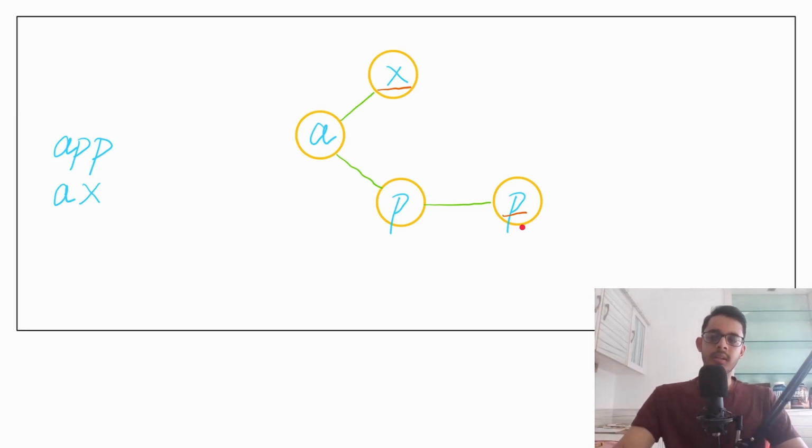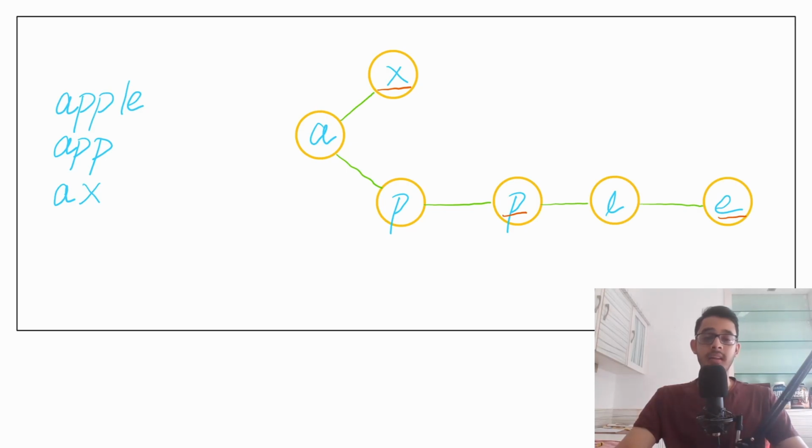This is fine. Let's try to add another word, apple. You'll realize that APP and apple share this big prefix with them. So we don't actually create another structure like this for apple. We just use the APP and we'll add L and E to it. Note that we don't change this guy. We still want to keep the information that there was a word like APP which ended at this point.